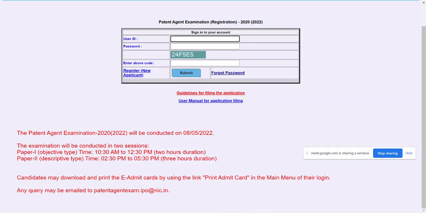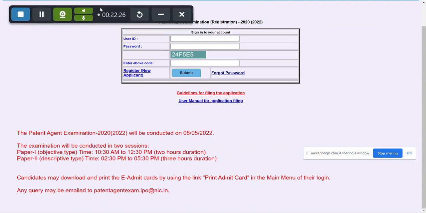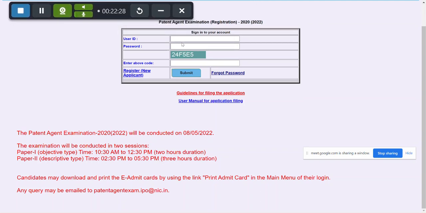Ma'am, will that link be common to all, or will an individual link be provided to each candidate? The link will be common for all of you for the registration. Just wait for some time. The patent office will provide the link and also share the document list, whichever is required if there is some amendment.